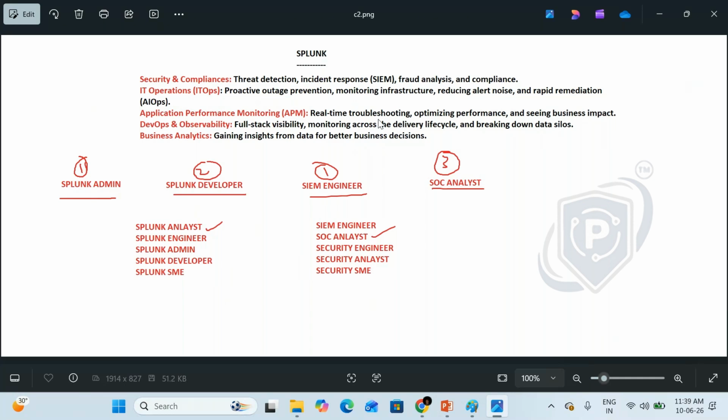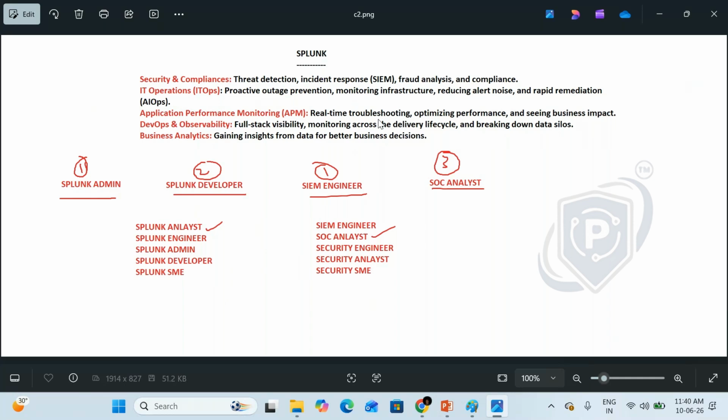Monitoring will be good in Splunk compared to that. For example, Dynatrace and AppDynamics: Splunk is a competitor in APM, application performance monitoring. In observability, competitors are Grafana, Datadog, and ELK stack.